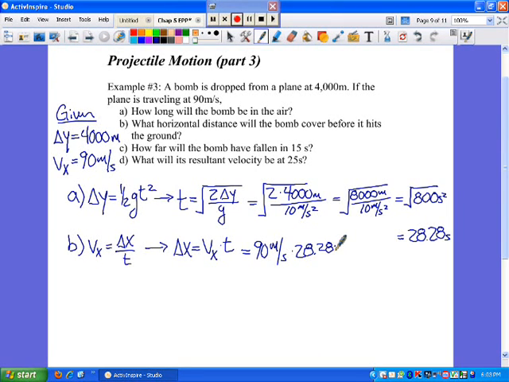So by multiplying those two together, we can find the total distance traveled horizontally by the bomb before it hits the ground. That ends up being a distance of 2,545.2 meters.